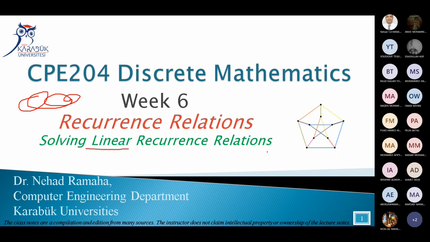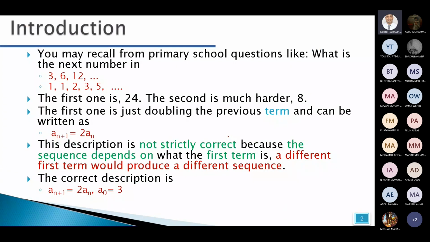linear recurrence relations. First of all, maybe in school you saw some sequences like this. It gives you a sequence like 3, 6, 12, and asks what the next term will be.